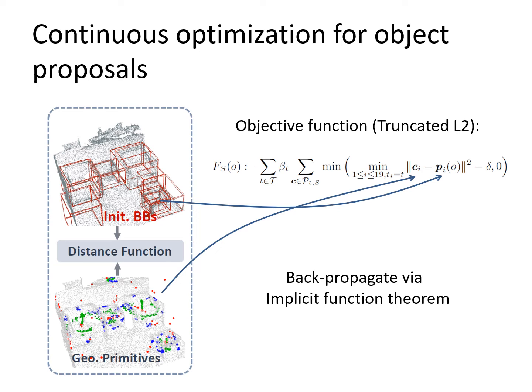This solves the optimization problem, and because of that, the backpropagation is also easy, through the implicit function theorem. Using the robust norm can certainly tolerate wrong predictions; they do not really affect the box parameters.